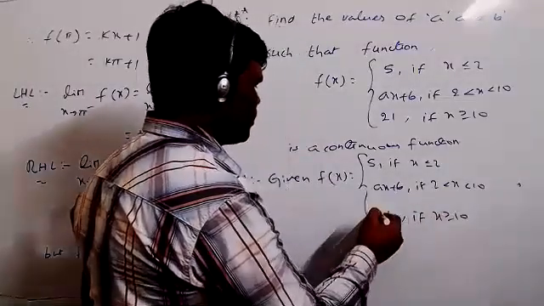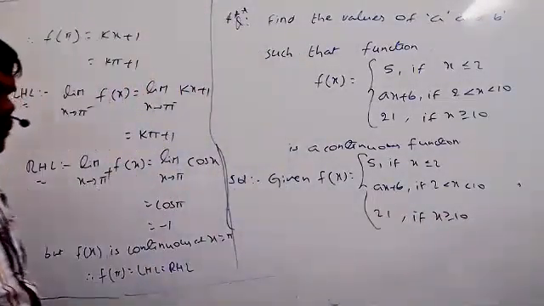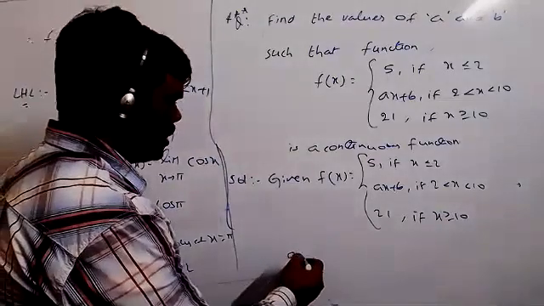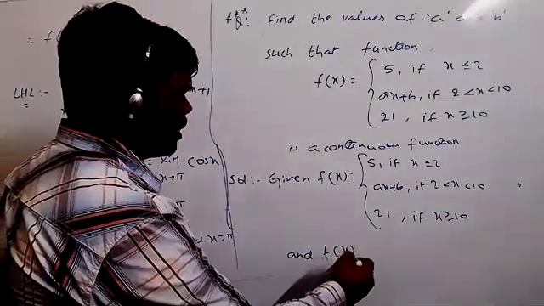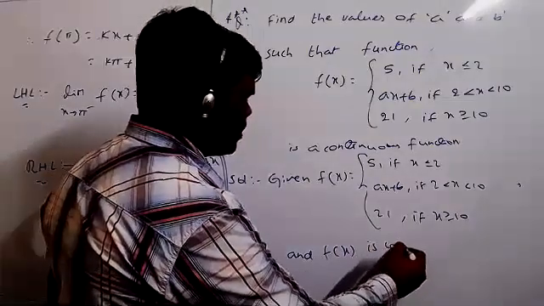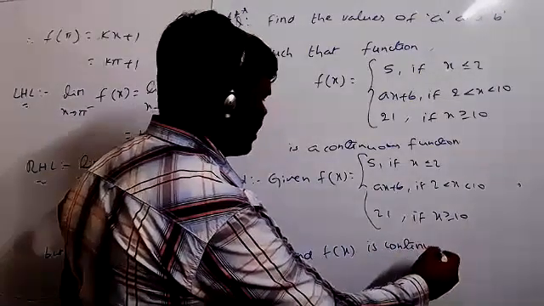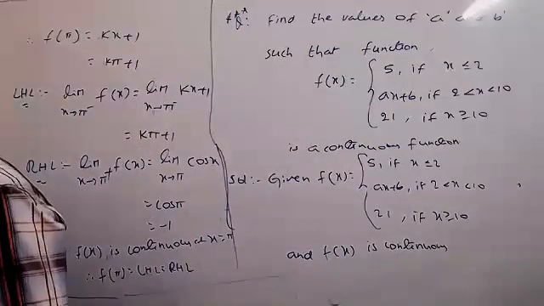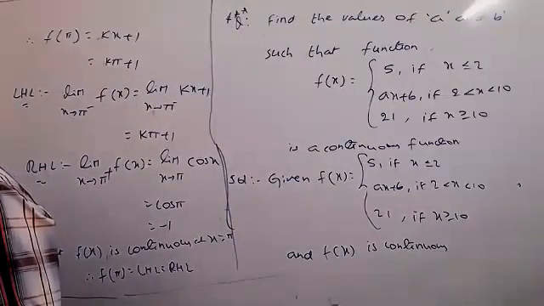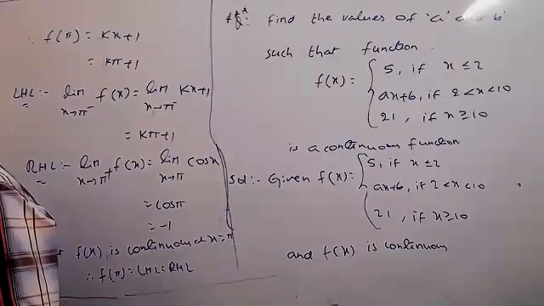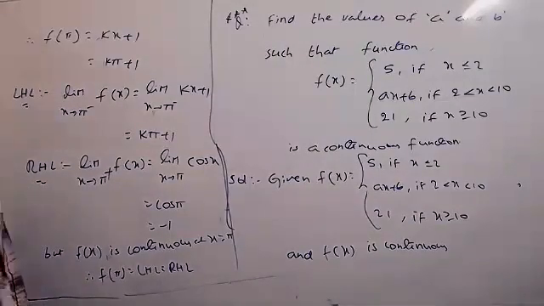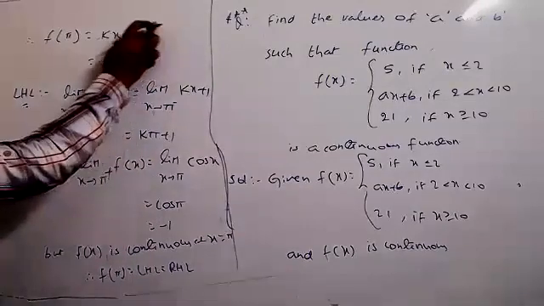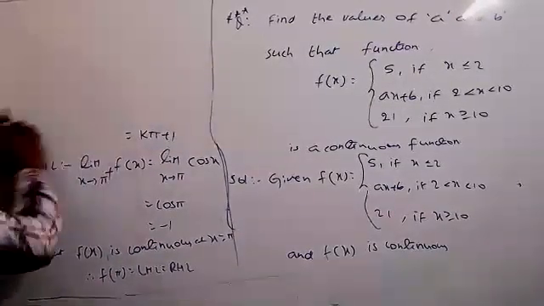Now f of x is continuous, because the problem itself says very clearly it is a continuous function. Now we have two cases: the given function is continuous at x equal to 2 as one condition, and continuous at x equal to 10 as the second condition.